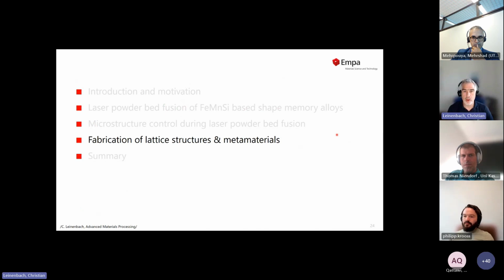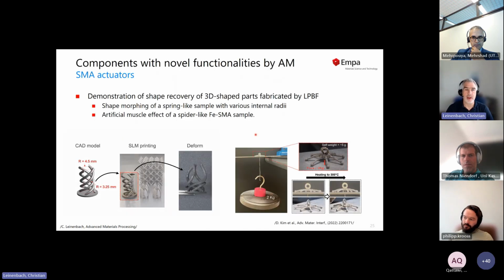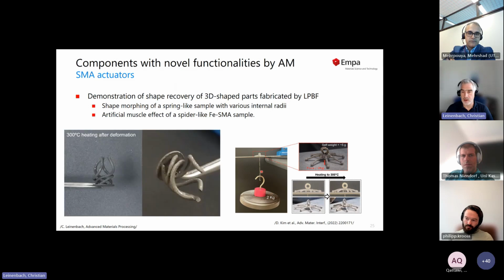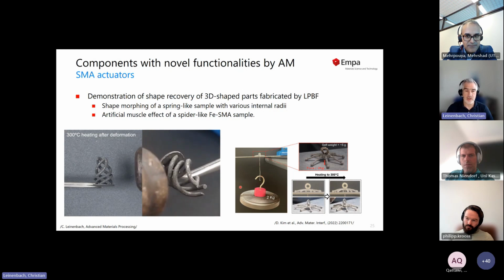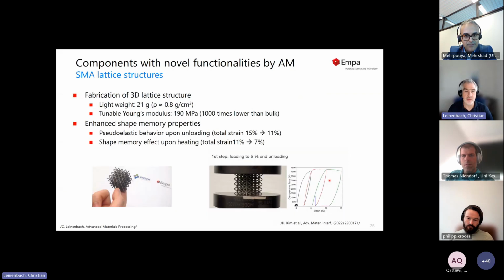Just rushing through, we can also make more complex parts, not just these zebra type structures. Here you can see that the shape memory effect actually works. So for this 3D structure, some also spiders that we produce that can lift weights, and also some lattices that we produced.